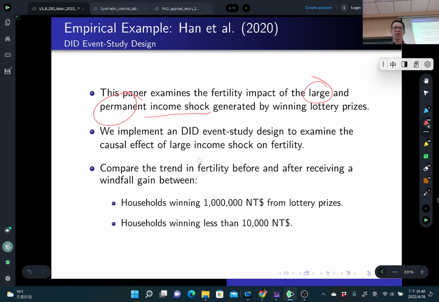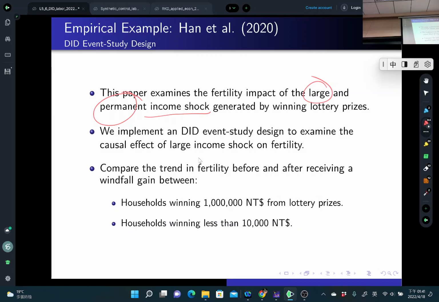Okay. So we use a difference-in-differences design to examine the causal effect of a large income shock on fertility. We compare the trend in fertility before and after receiving the large windfall gain between the treatment group and control group. The treatment group is the households who win more than 1 million NT dollars from a lottery prize, and the control group is households who win less than 10,000 NT dollars.